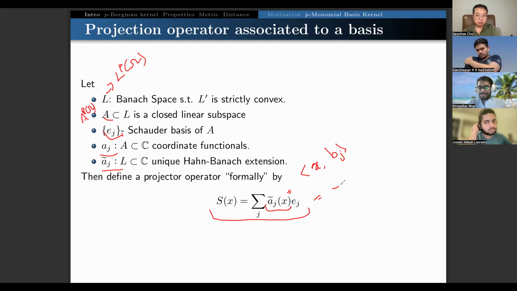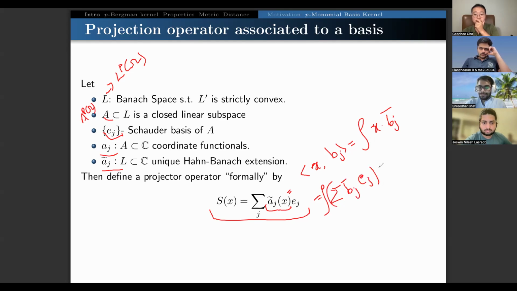Suppose everything works out nicely and you can interchange this integral and summation, what you get will be something like the sum of bj bar ej times x. So this is what we will call the p monomial basis kernel.